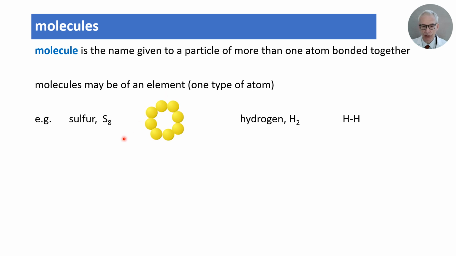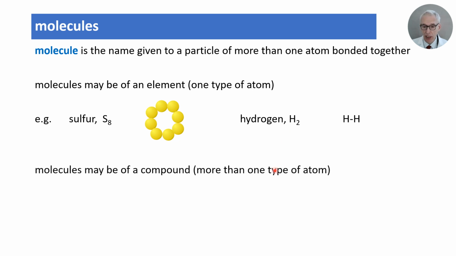For instance, sulfur forms molecules with 8 sulfur atoms. It is an element, it's got 1 type of atom, yet there are 8 atoms, and we call that particle a molecule. Hydrogen forms molecules with 2 hydrogen atoms. Again, it's an element, 1 type of atom, but 2 atoms joined together, more than 1 atom bonded together. So it's a hydrogen molecule.